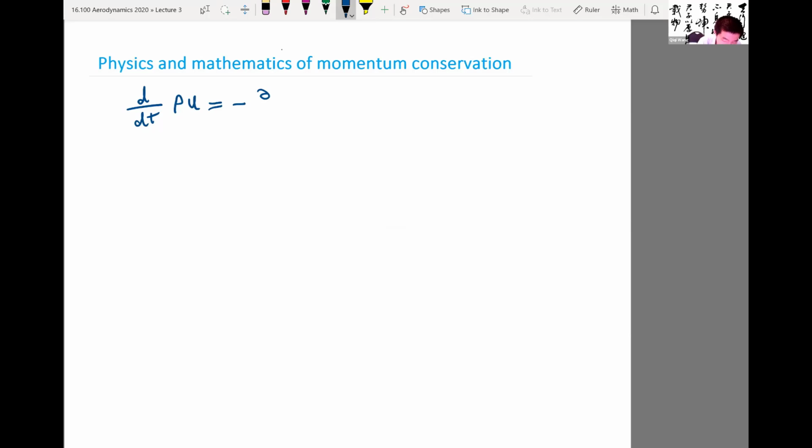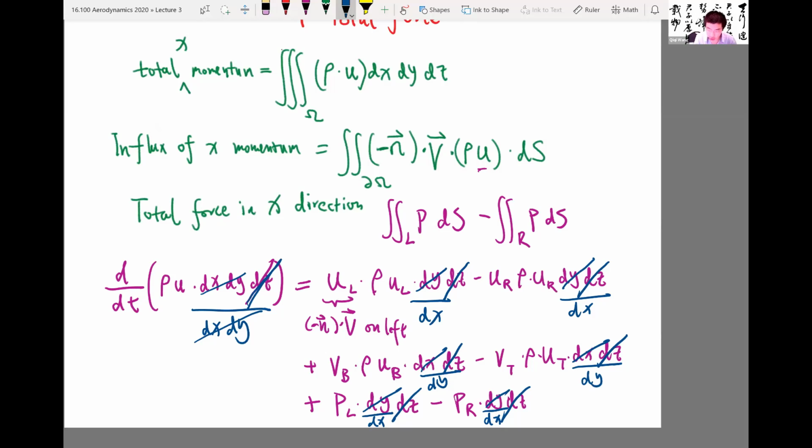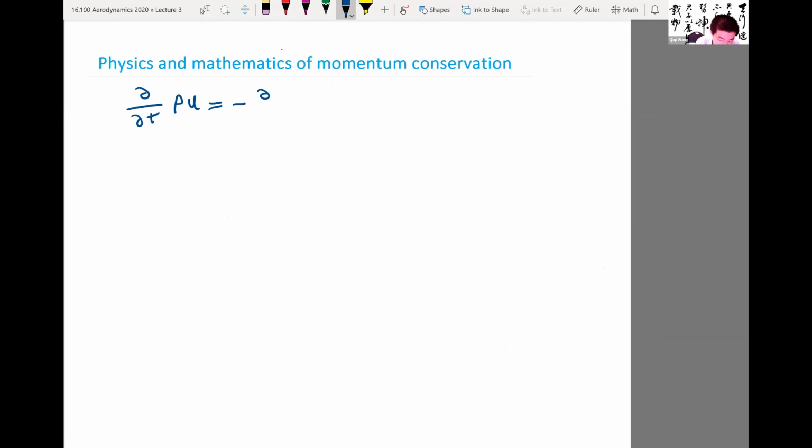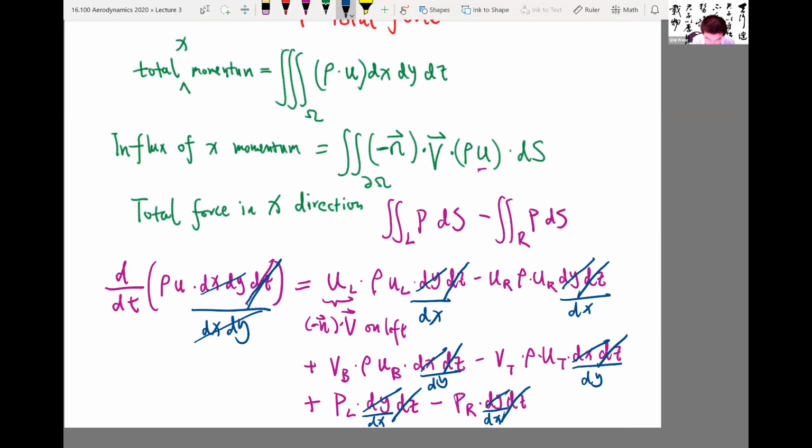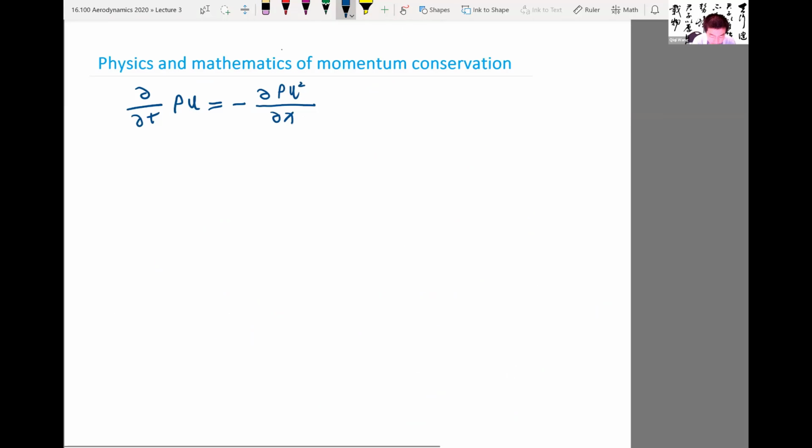So here let's actually replace this total derivative by partial derivative, because instead of looking at a total quantity, we are now introducing derivative in all directions, right? We're introducing derivative in t, in x, and in y. So here we have a derivative of rho u squared in the x direction. And the second line that's divided by dy really is pretty much the same, but we have a rho times u times v, right?